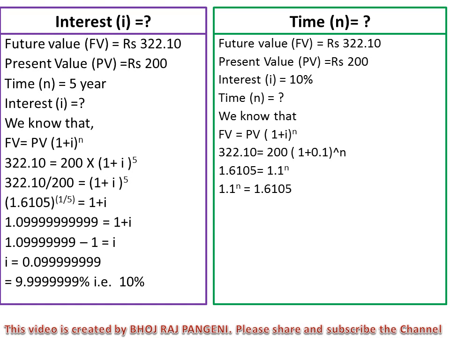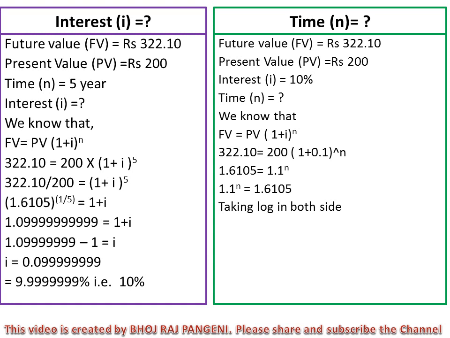Now 1.1 to the power n equals 1.6105. We cannot compute this directly and we cannot get the value of n. So in this situation we have to use the logarithm formula, that is, taking log on both sides.